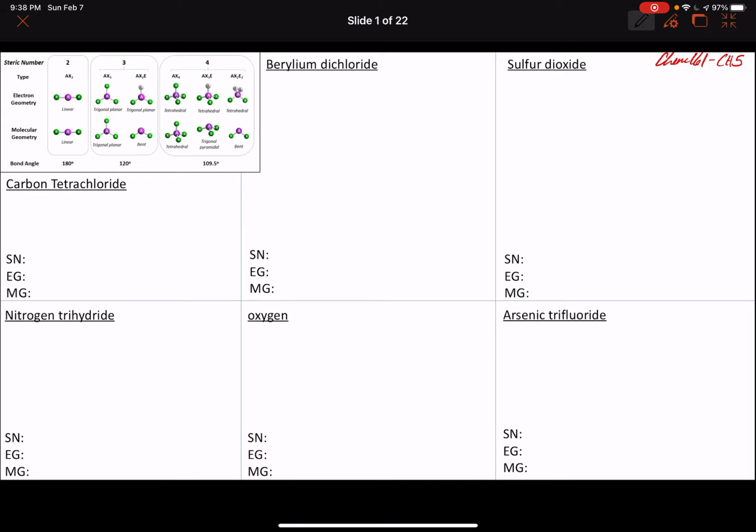Okay, so we'll start by working with the name. So we've got to be familiar with our naming rules from Chapter 4 and be able to identify the compound formula and then ultimately describe the correct Lewis structure and then move on to identifying the steric number, electron geometry, and molecular geometry.